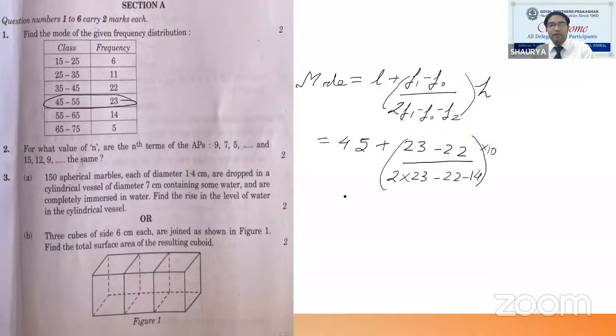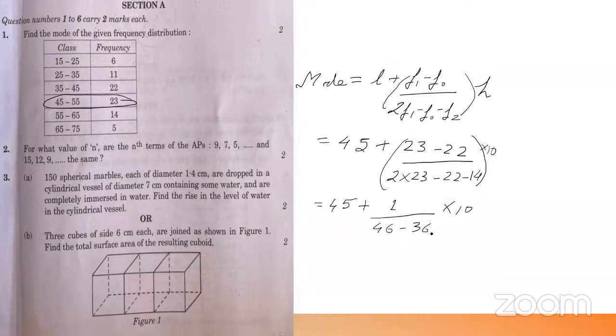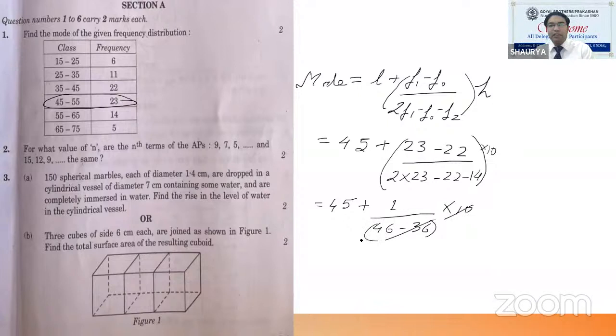Okay, so I guess we can do the maths from here on. It's 1 upon 46 minus 36, into 10. So the 10 upon 10 gets cancelled. The answer would be 46. So 46 is the mode of the given frequency distribution.